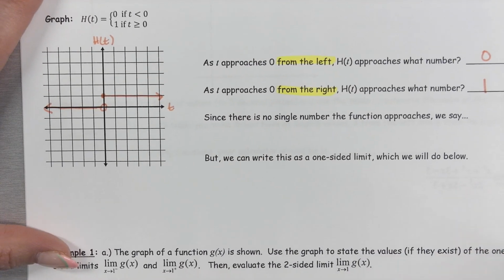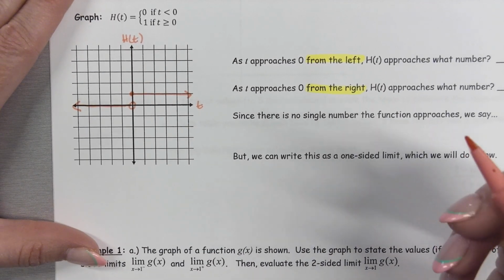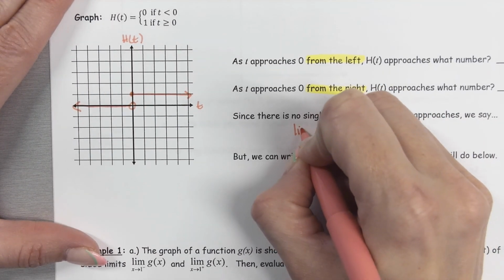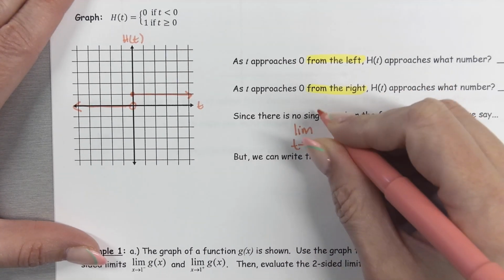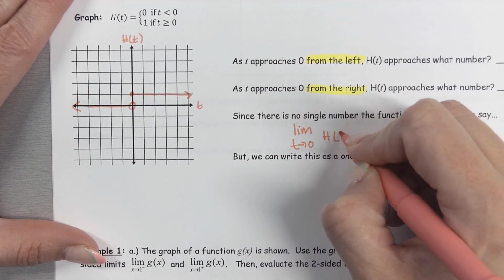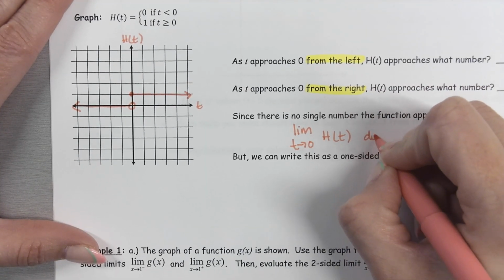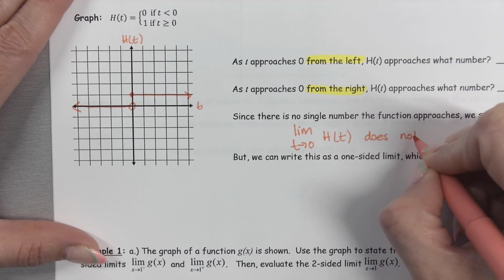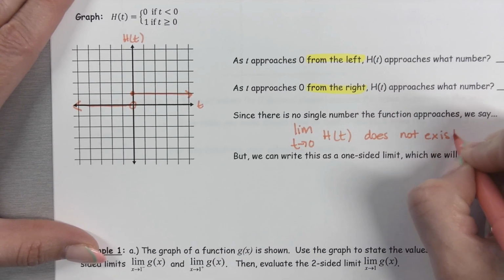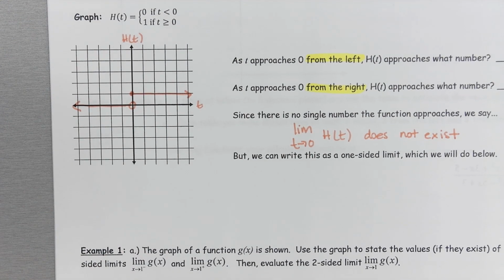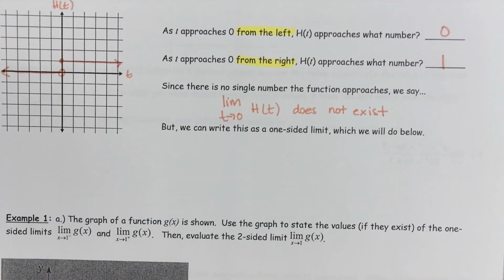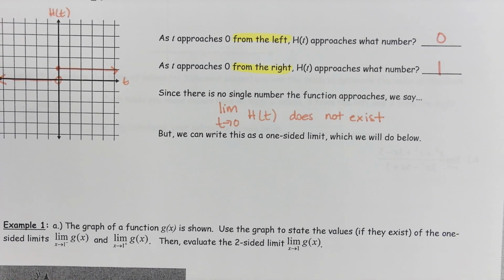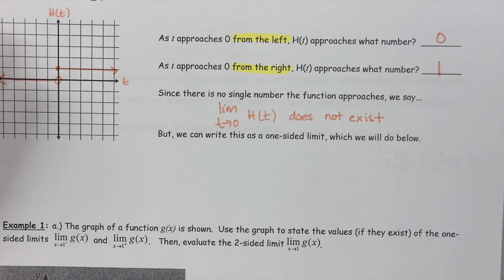So since there's no single number the function approaches, we would say the limit as t goes to 0 of h of t does not exist. Okay, that is a two-sided limit. That does not exist because one side is going to 0 and one side is going to 1.